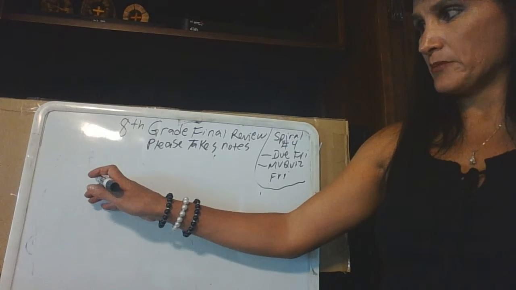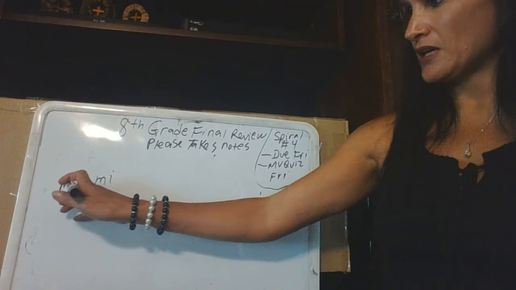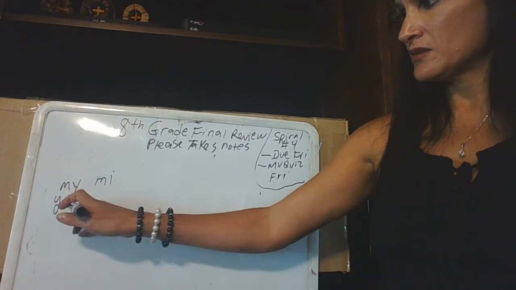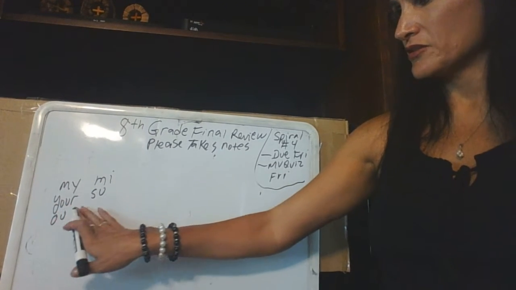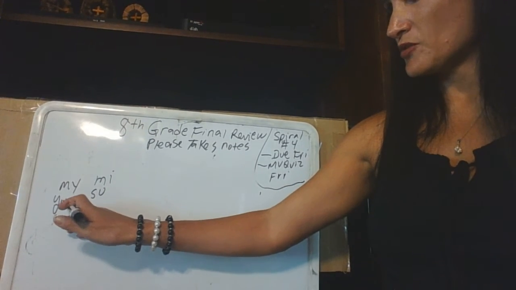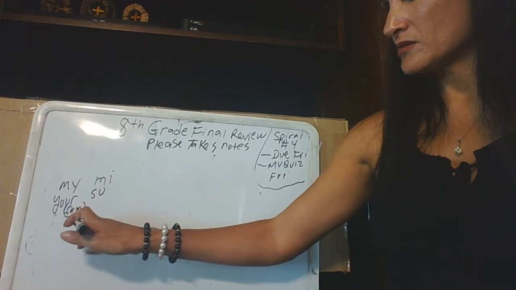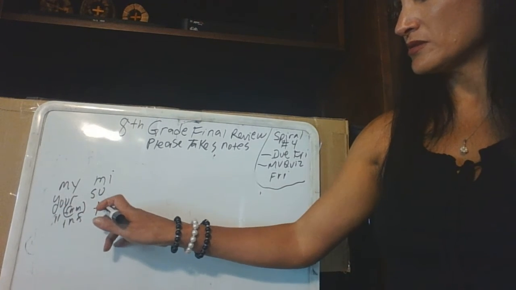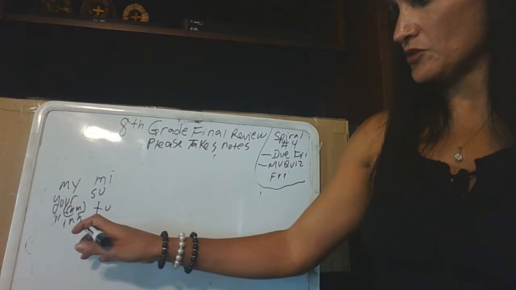All right, the next part that you're going to have to know is the possessive adjectives. So remember, my book would be mi libro. Your, informal, is going to be tu libro. Remember there's no accent; tu with an accent is you.